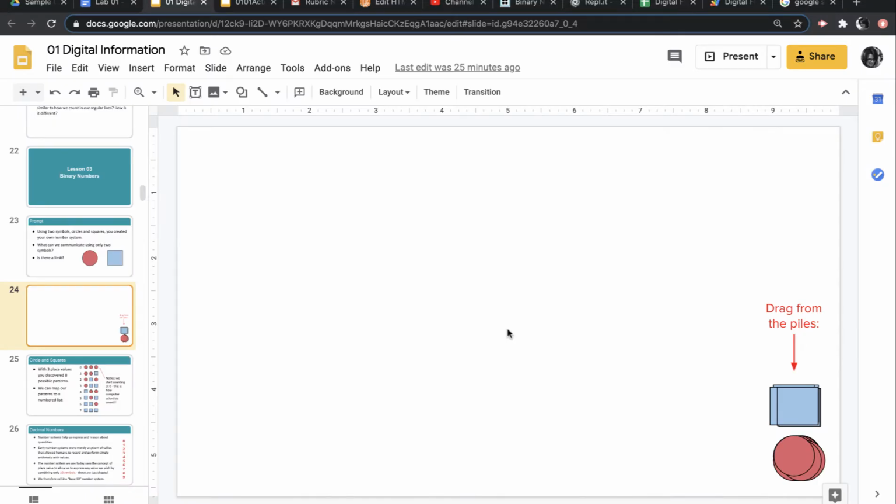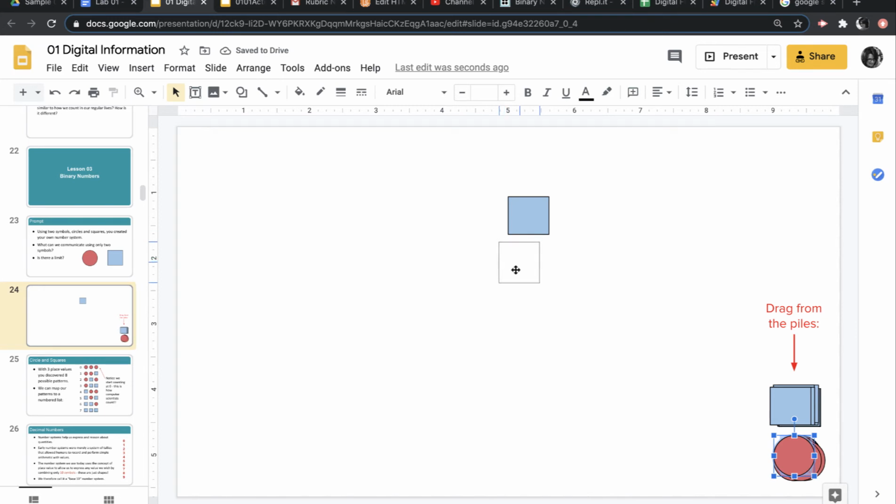Well, what you should be thinking about is if we have one place value and we have only circles and squares, we can create two different patterns, right? I can create a square or I can have a circle. So just two different patterns. But if I increment the number of place values to 2 positions, I can have a square and a square.